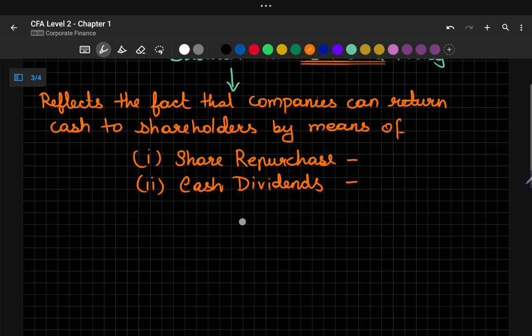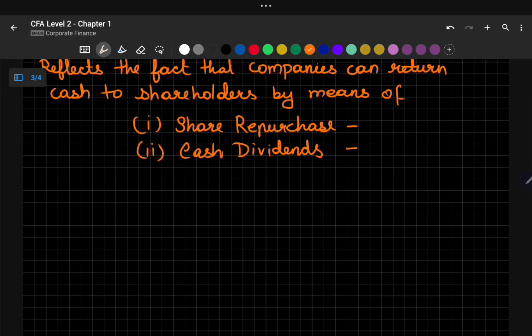Okay. Now, dividends and share repurchase concern analysts. So, we as analysts, why would dividends and share repurchase of a company concern us?